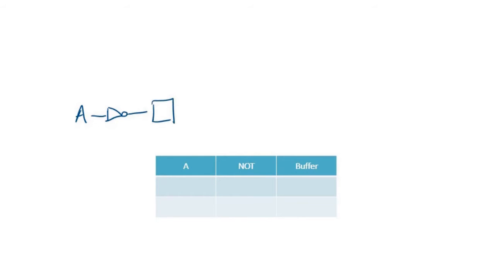The inputs for A can only be 0 or 1. What does a NOT gate do? It gives you the opposite output. It is a negation. So it flips all 0s to 1s and all 1s to 0s. So as I put an input of 0 through the NOT gate, I get a 1 as an output. And if I have an input of 1, my NOT gate gives me an output of 0.